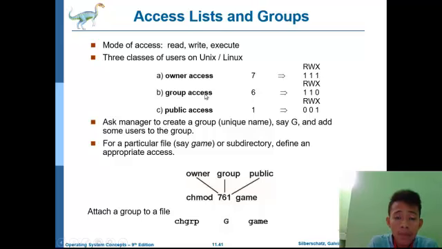Sa group access, naman sila, 6. May 6 sa group access. Pagdating dito, may 1. Bago sa execute, wala. Public access. Sa public access, 1 lang. 0 sa read niya, 0 sa write niya. Pagdating dito sa execute, may 1 na siya.